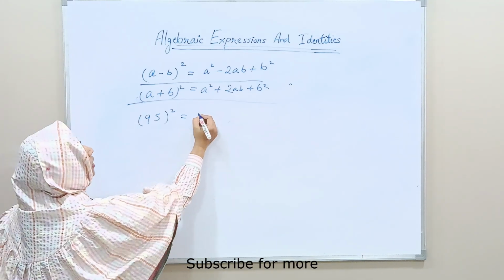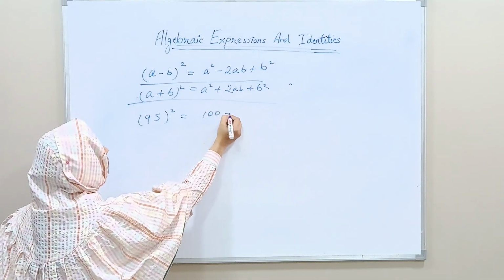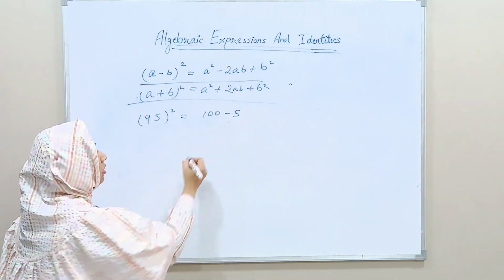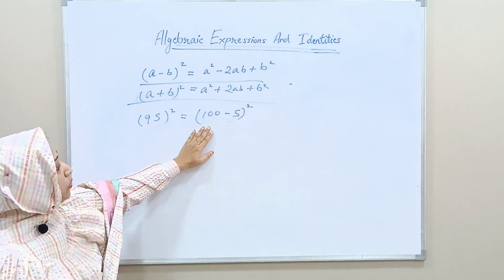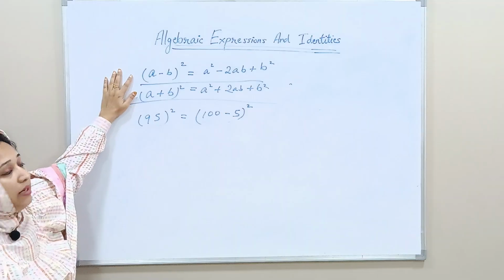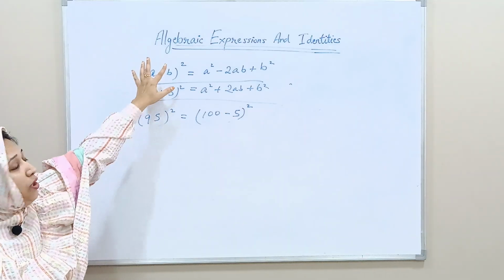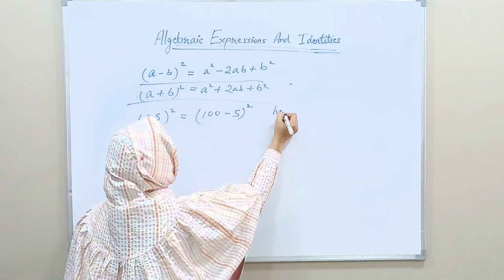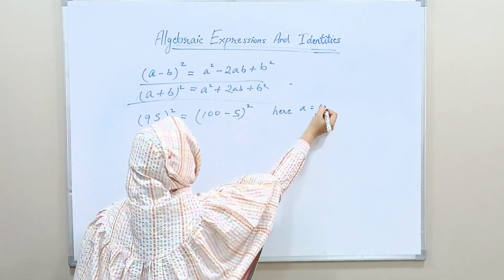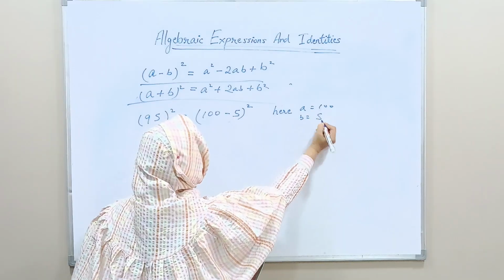So we can write 95 as (100 - 5) whole square. Now comparing this with the identity, this matches the second identity, (a - b) whole square, since we have a minus sign. Identify a and b here. Here a is equal to 100, b is equal to 5.